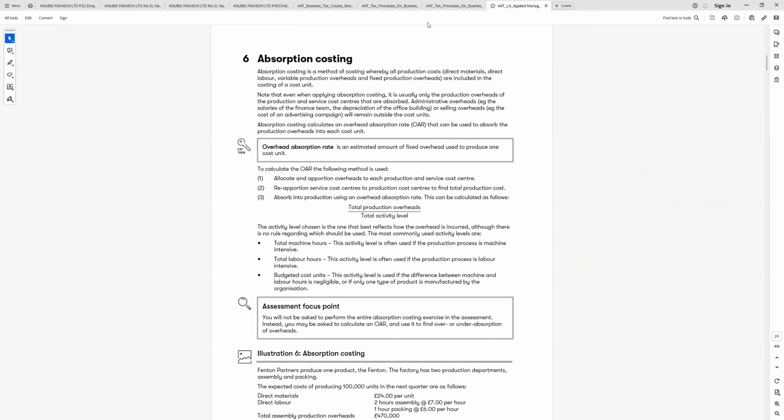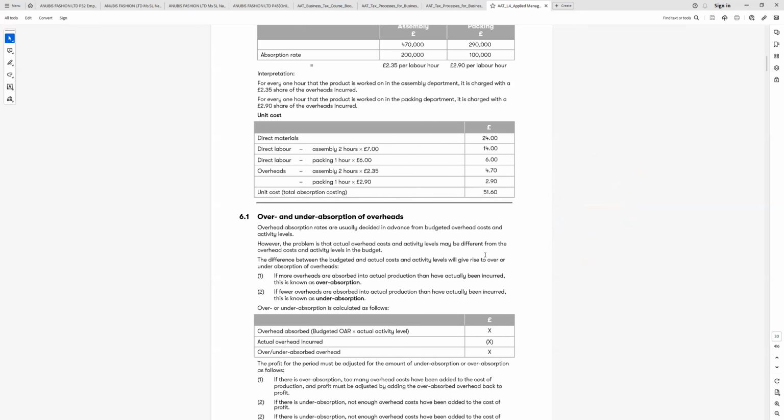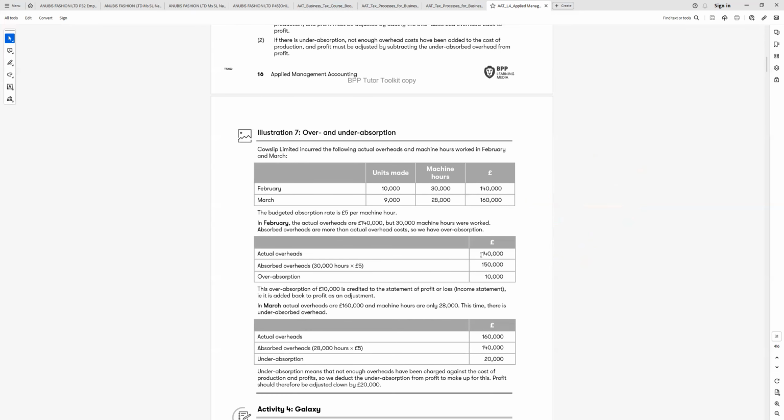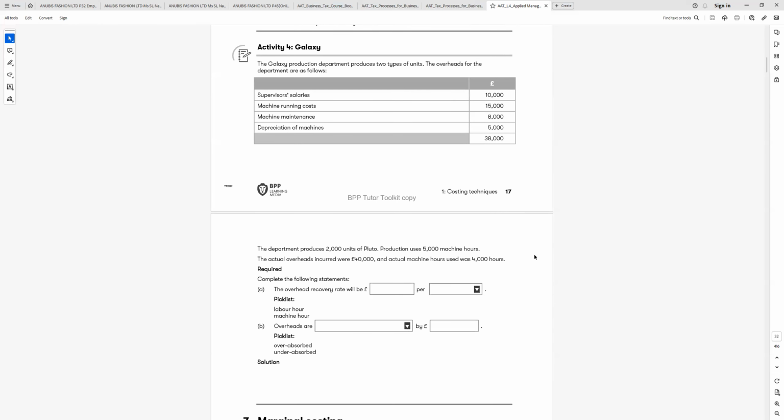All right, the next one we have is an example. Let's do one question to understand it better. Okay, we have Activity 4 in Galaxy. The Galaxy production department produces 2 types of unit.